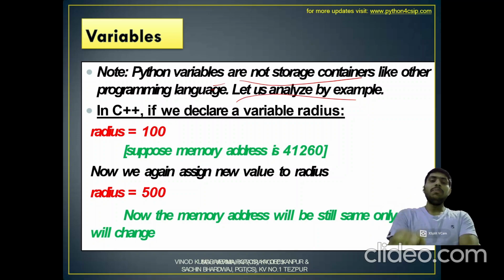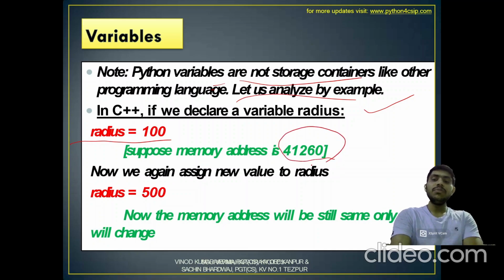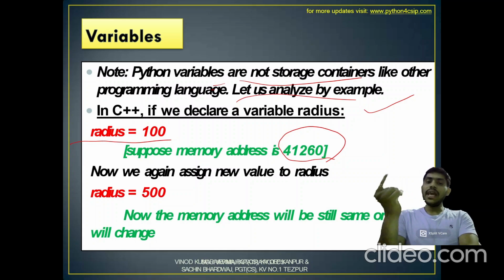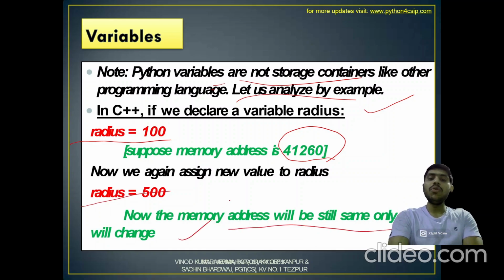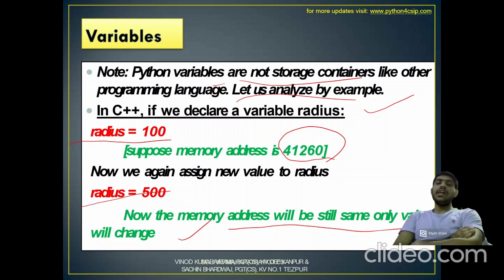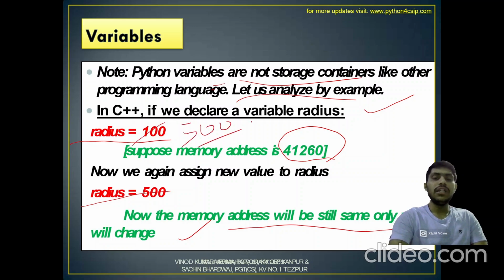Why? Suppose in C++, if we declare a variable radius equal to 100, then its memory address is 41260. That is one address they have given. Now we again assign a new value, 500, to radius. Now the memory address will still be the same, only the value will change. Okay, so in the same memory address it replaces the value 100 with 500.